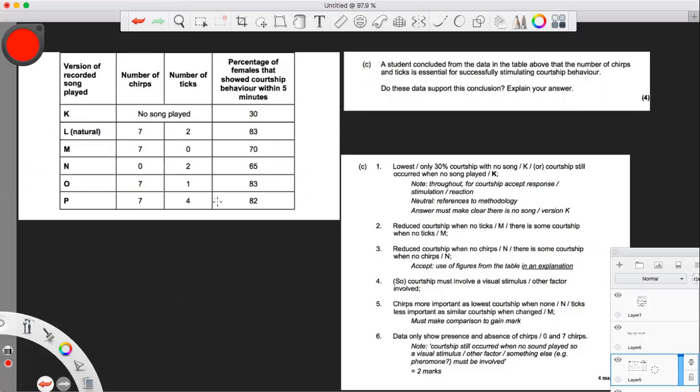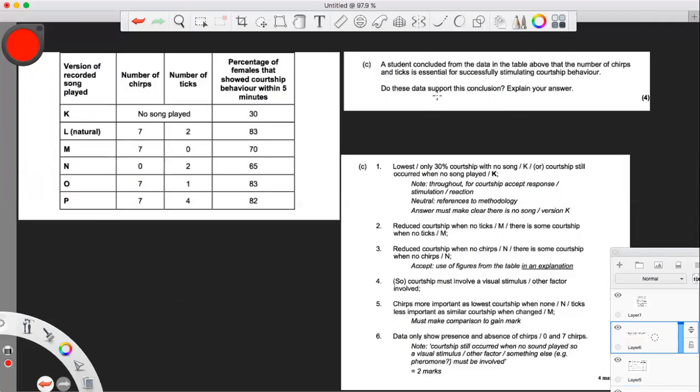And then you've got the response of the females that showed courtship behavior. Lots of information here. Looking at the question, the student concluded that the number of chirps and ticks is essential for successfully stimulating courtship behavior.